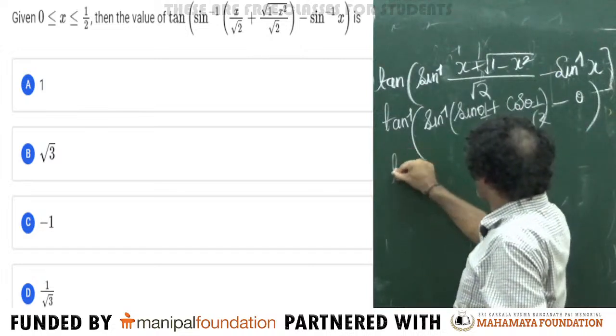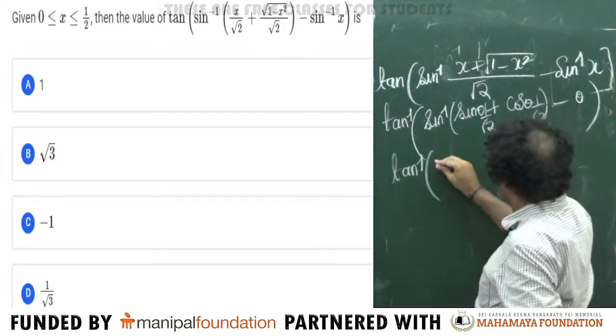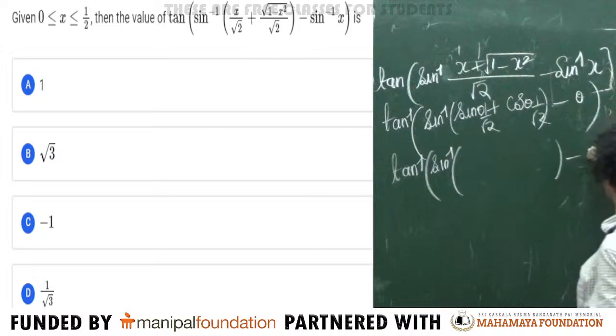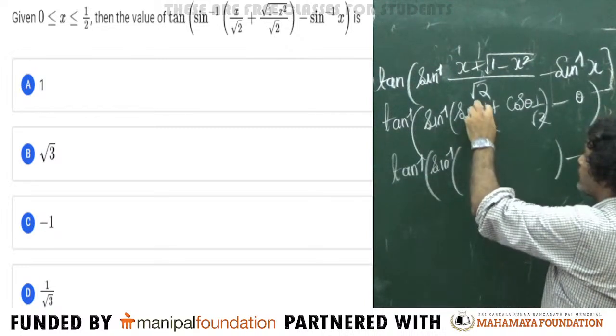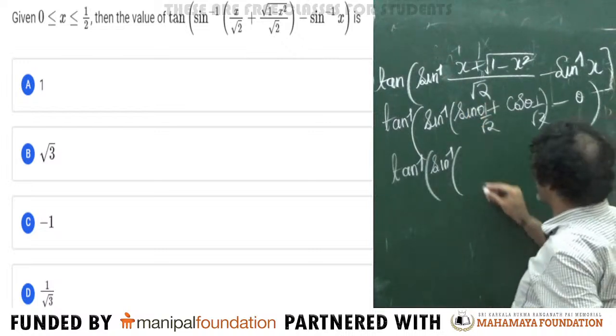Hold on. Tan inverse, see the trick here. Sine inverse, again bracket, minus theta. Isn't it sine theta? Before that, who is this? Isn't it cos 45 is 1 by root 2, right?